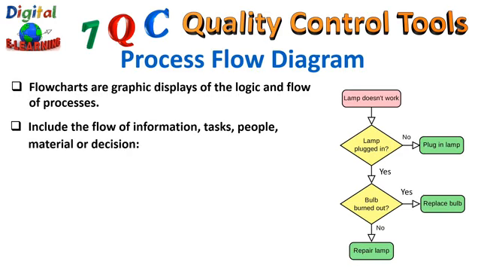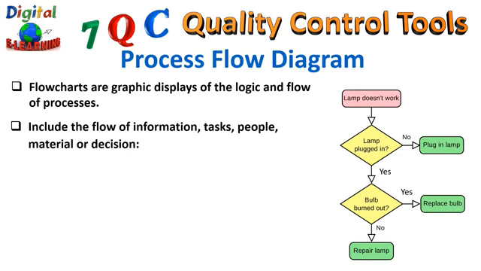If the answer is no, then we need to plug in the lamp. If yes, then we need to check, is the bulb burnt out? If yes, then we need to replace the bulb. Otherwise, we will repair the lamp. So the flowchart can make a complex process simple and promotes a common understanding of the process, which is the foundation for improvement.